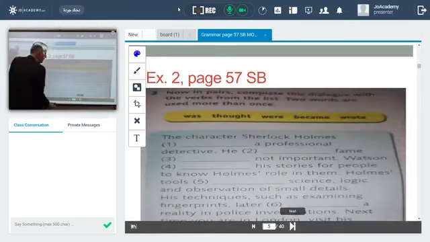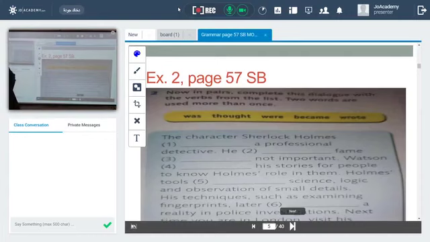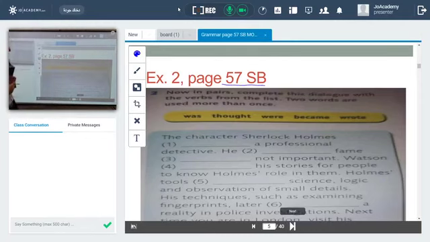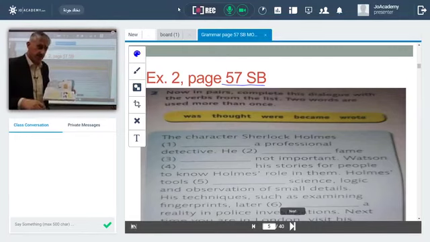Here, let's go back to our student's book. We have page 57 of our student book. Okay, we have to do exercise number 2. Here we have some verbs.